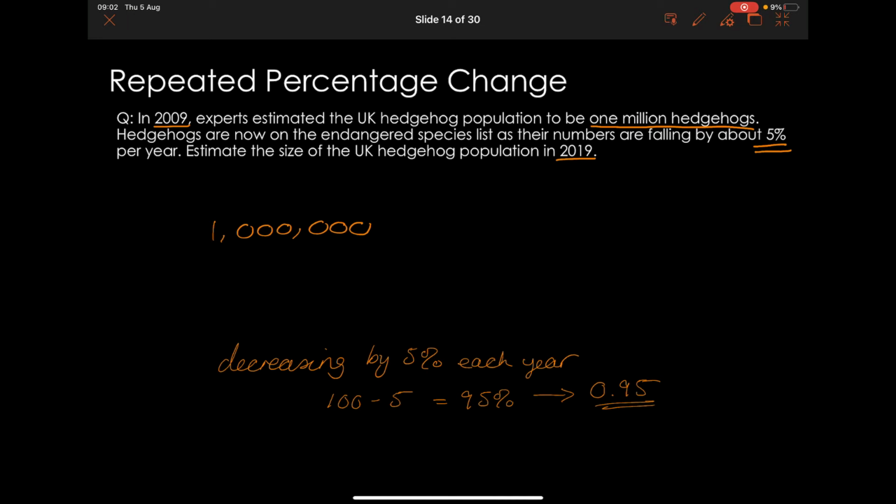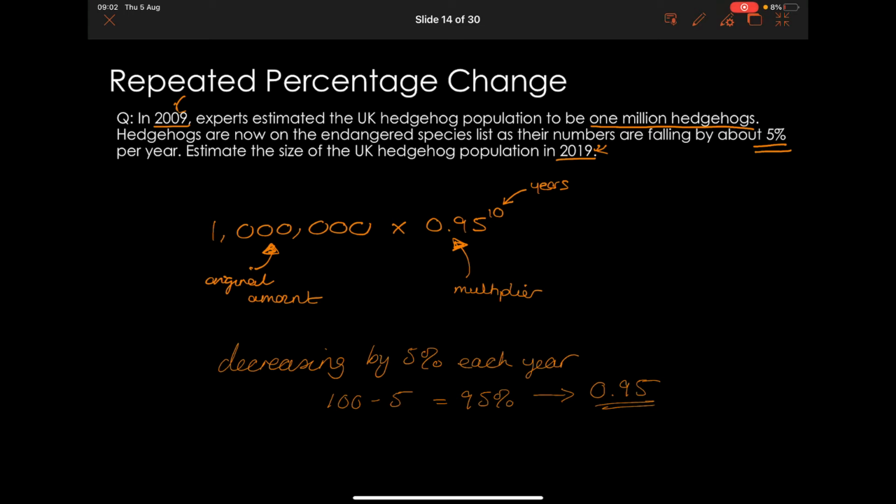So I'm going to do 1 million times by 0.95. So this is my original amount, remember? Original amount. This is my multiplier. And then I'm going to put that to the power of how many years? From 2009 to 2019, that's 10 years. So it's to the power of 10.